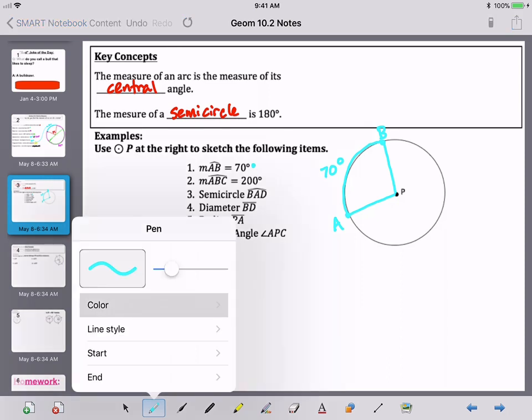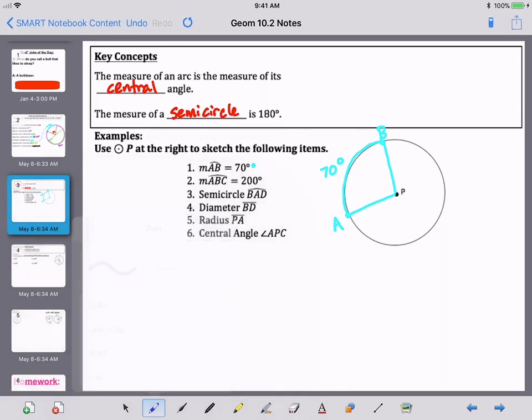Now I need, in step 2, to add a point C so that the measure of arc ABC is 200 degrees. I'm going to make that a little bit bigger than a semicircle because 200 degrees is more than 180. So this arc from A, let's draw a radius from P to C. This arc from A to B all the way over to C is 200 degrees.